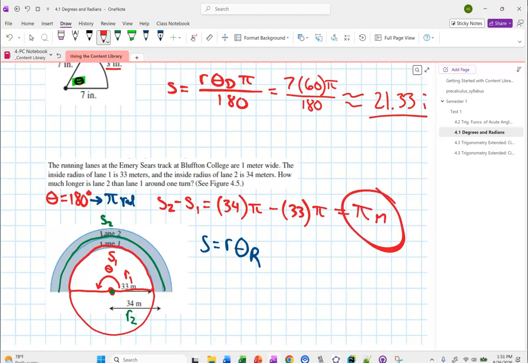Done. So the key was recognizing that what you need to find was the difference in two arc lengths, and just using your arc length formula to find each of the arc lengths and subtracting them. What's the thing after the pi? That's meters, because I think the radii were given to us in meters, so that's just the name of the unit.